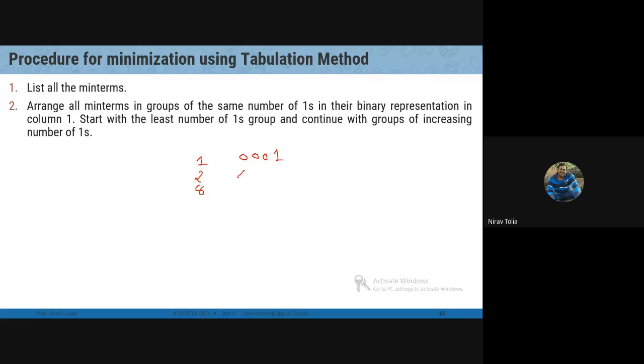If you convert 2 into binary, your answer is 0, 0, 1, 0. And if you convert 8 into binary, your answer is 1, 0, 0, 0. See, all these min terms have the same number of ones in their binary representation. We have to focus only on the number of ones.